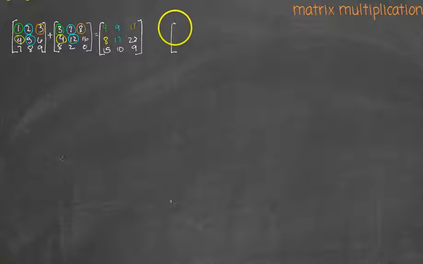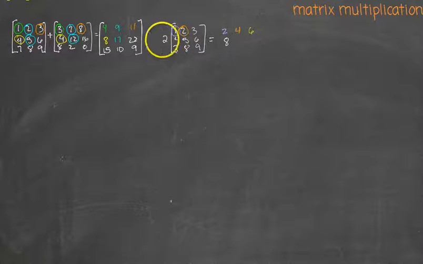So if I have the same matrix, 1, 2, 3, 4, 5, 6, 7, 8, 9, and I want to multiply that matrix by, say, the number 2, all I do is multiply 2 times the first element to get 2, and then 2 times the second element in the first row to get 4. 2 times 3 is 6, and so on and so on. 2 times 4 is 8, 2 times 5 is 10, times 6 is 12, times 7 is 14, times 8 is 16, and 2 times 9 is 18. And that would be a scalar multiple.